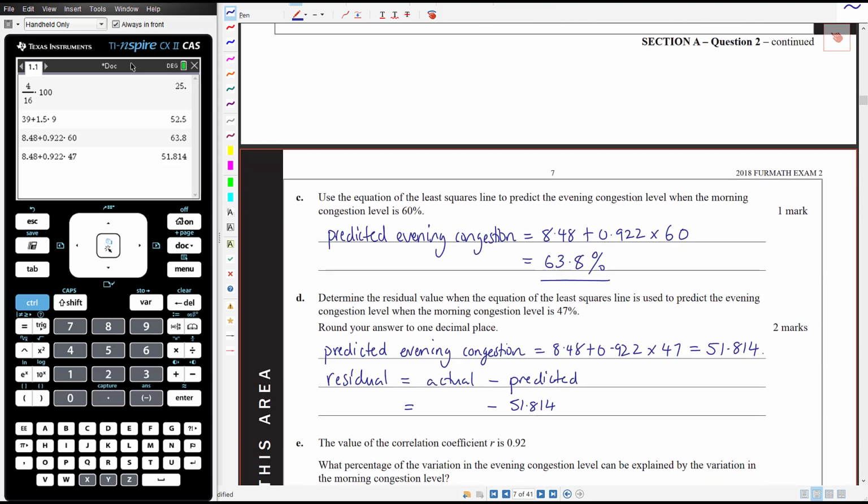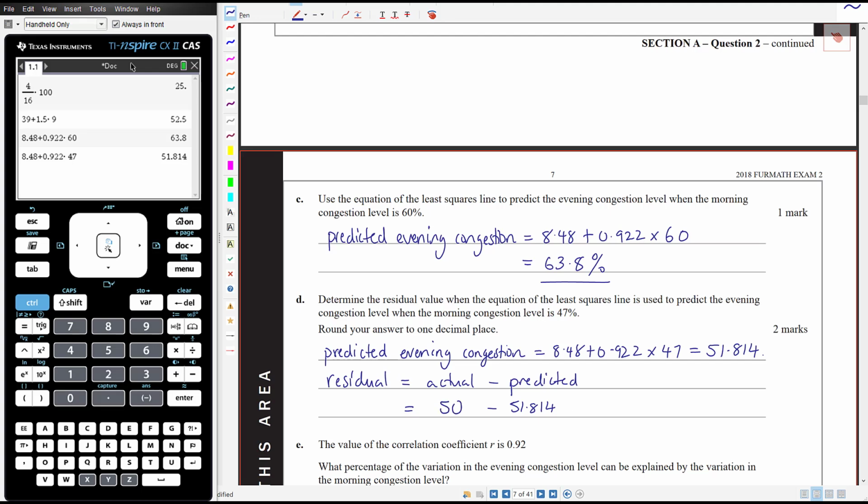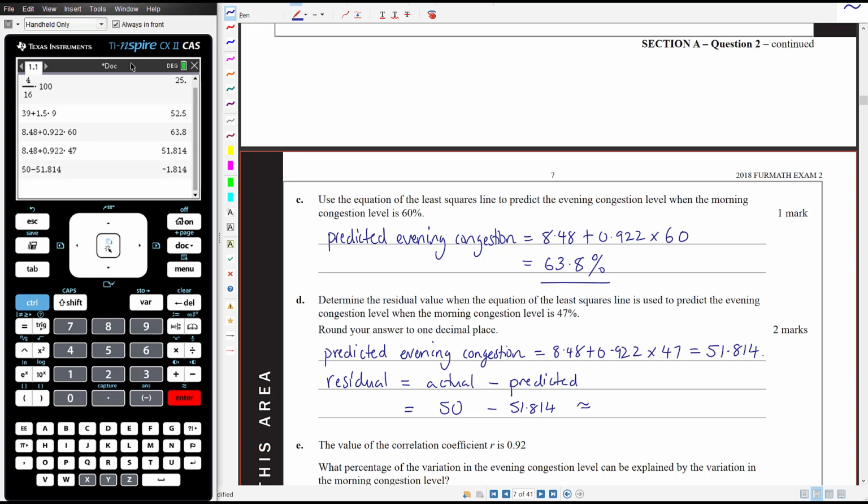So it's going to be 50 minus 51.814, and we want the residual correct to 1 decimal place. 50 minus this value is negative 1.814, so to 1 decimal place it is negative 1.8.